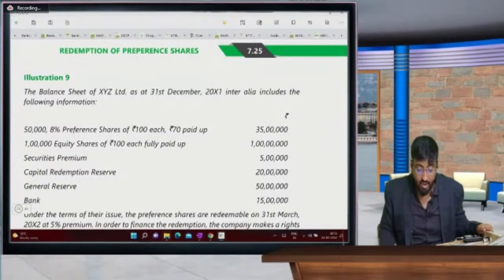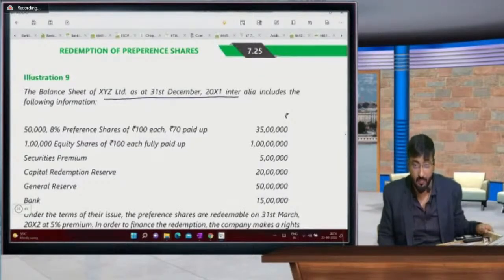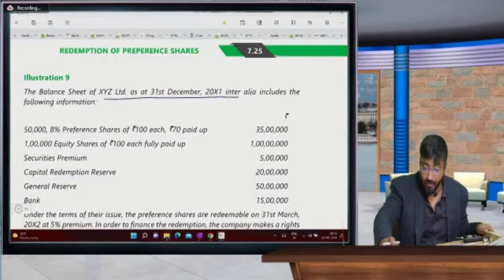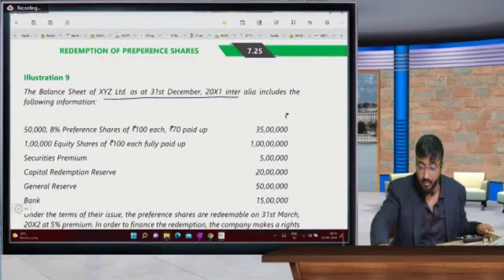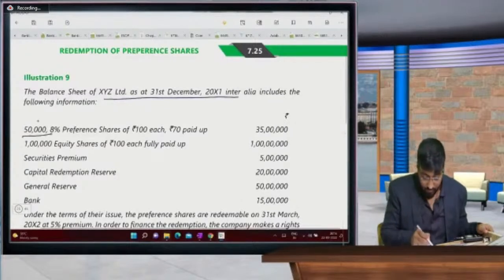The balance sheet of XYZ Limited as on 31st December 2001, inter alia, gives you the following information. 50,000 shares, 8%, 70 paid up.